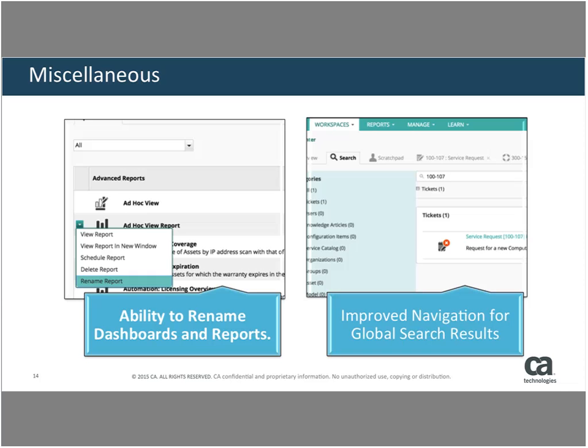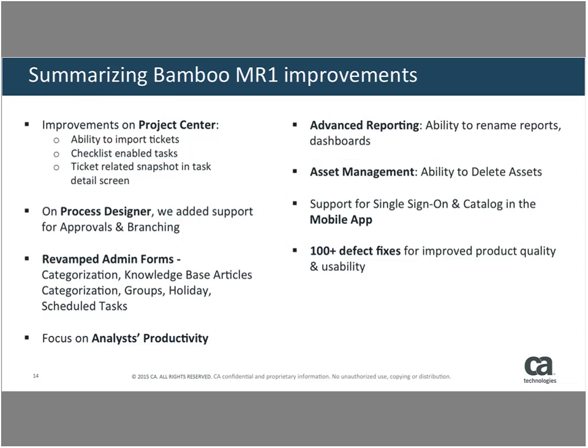The analyst more often than not lost the context. So in this release, we have addressed that usability gap. When more than one tab is open and the analyst wants to perform a search action, the search result will be shown as a separate tab. So these were some of the key enhancements on Bamboo MR1.